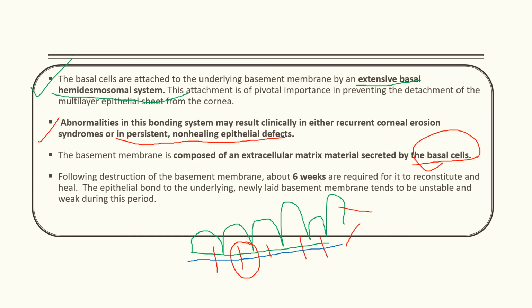The epithelial bond to the underlying newly laid basement membrane tends to be unstable and weak during this period, which is about 6 weeks. So during these 6 weeks, a patient is prone to the development of recurrent corneal erosions and non-healing epithelial defect, or a corneal erosion after a minor trauma.